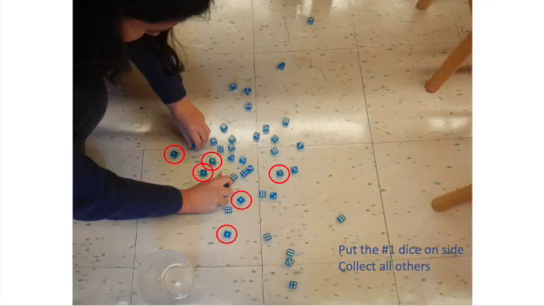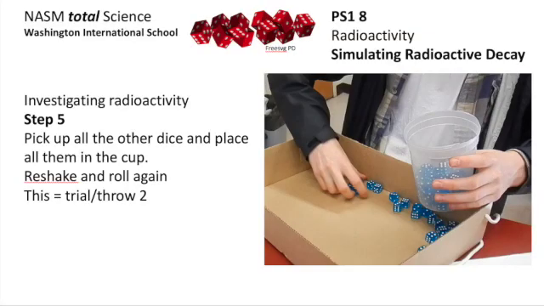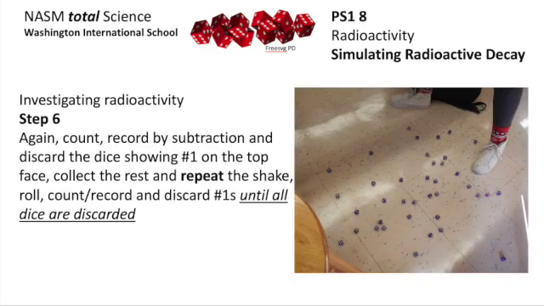And just here looking at some of the ones with number 1s on. And then pick up all the other dice that didn't have 1s on, place them in the cup, reshake, and roll again for trial throw number 2.